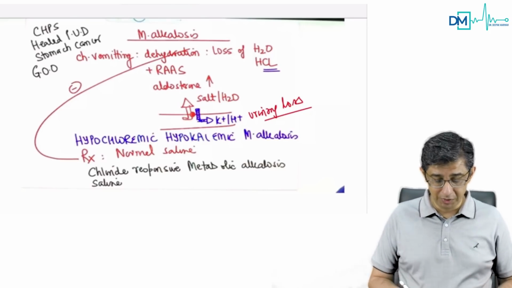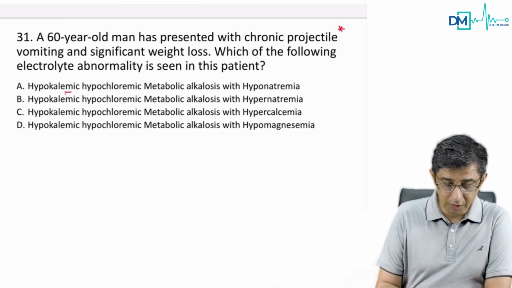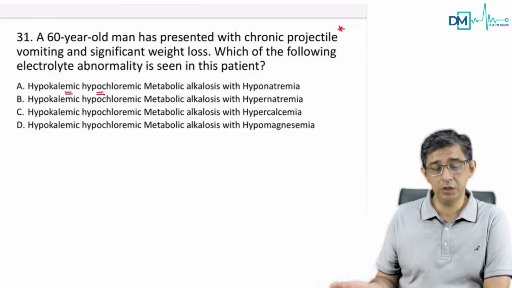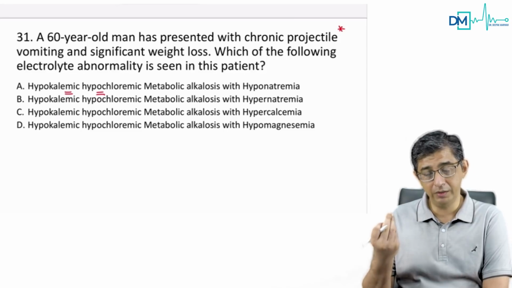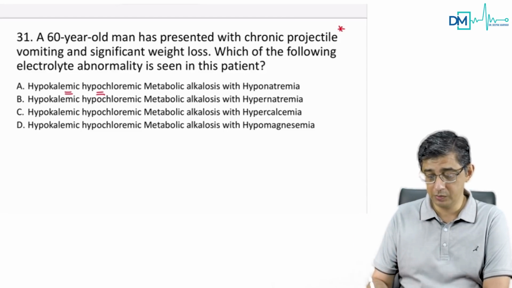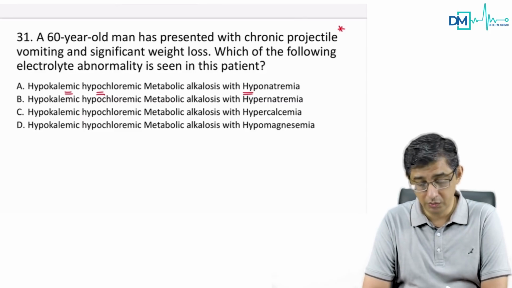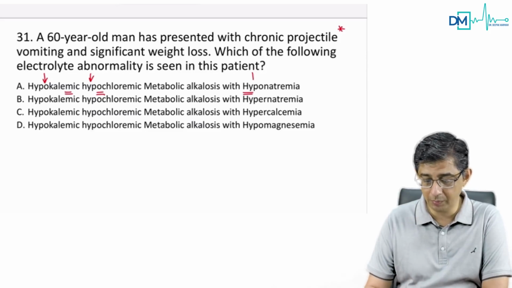The point in this patient was, I'll go back to the options, everybody could pick up hypokalemic, hypochloremic, no issues. But because he's having fluid loss from the body, rather dehydration developing in his body, there has to be a third electrolyte imbalance, that is sodium is also lesser. So there are three hypos in this chap: hypokalemia, hypochloremia, and hyponatremia.